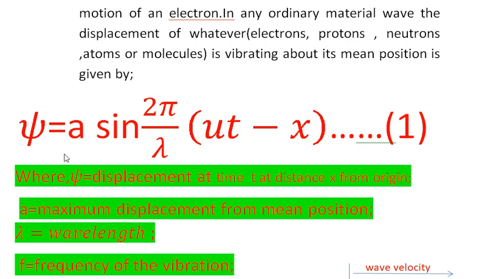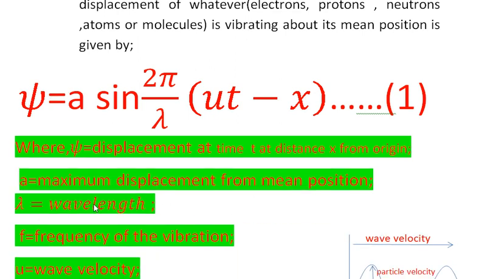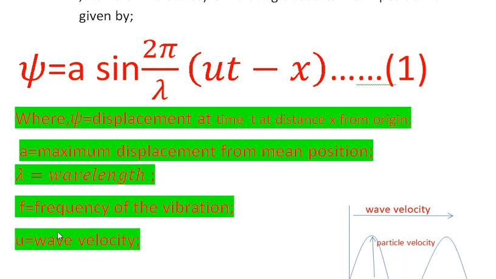A is called maximum displacement from mean position. Lambda equals wavelength, u is the wave velocity.